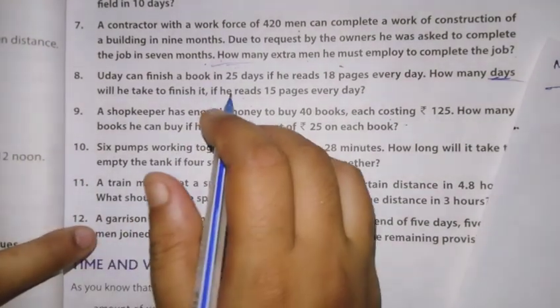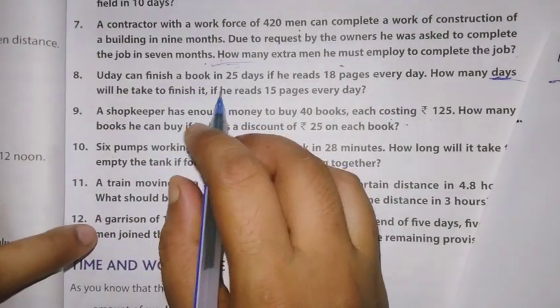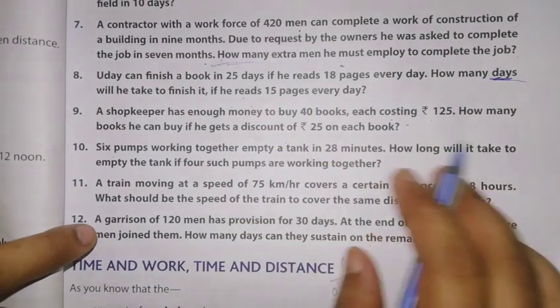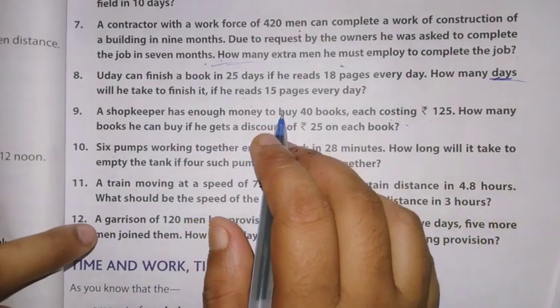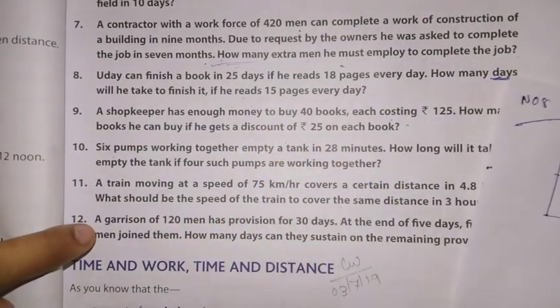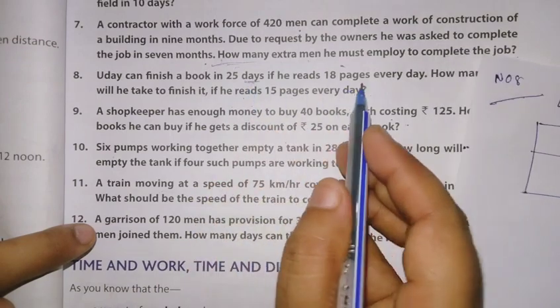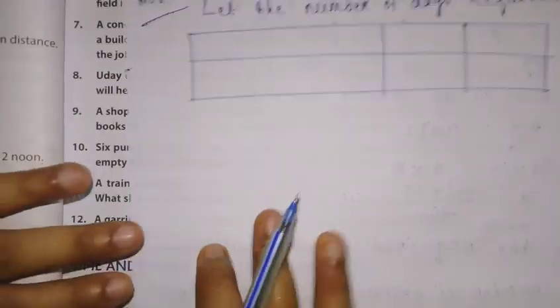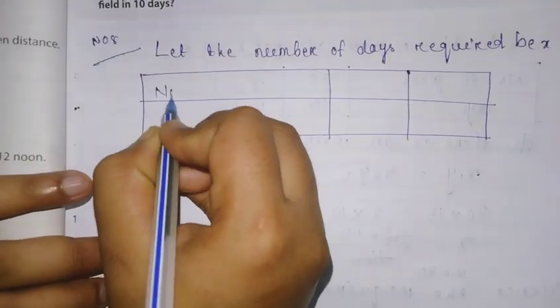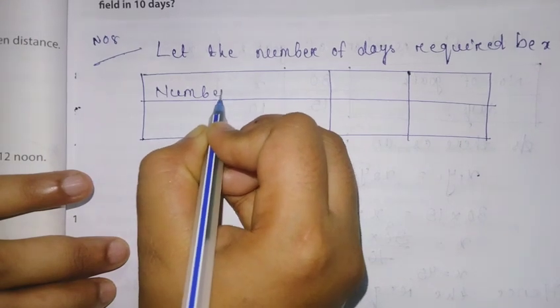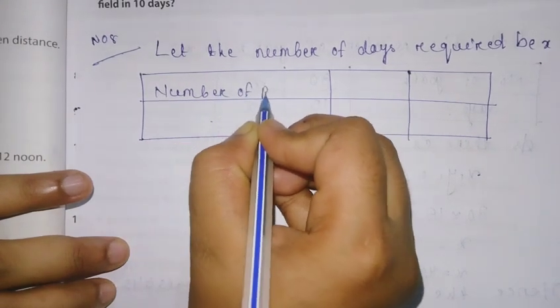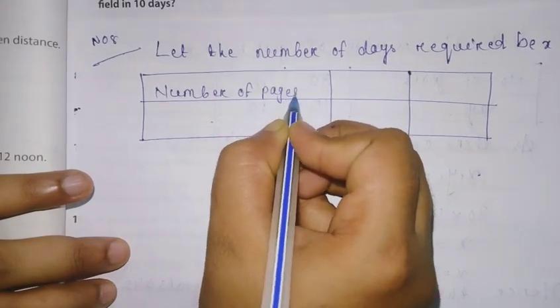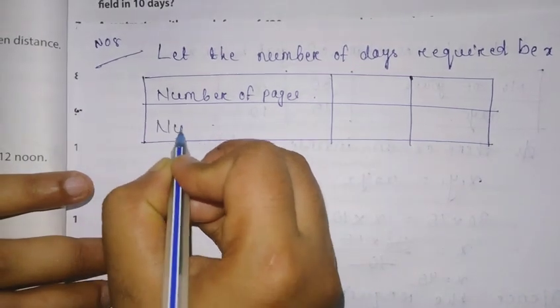Here given number of pages and number of days. First I write number of pages, then number of days.